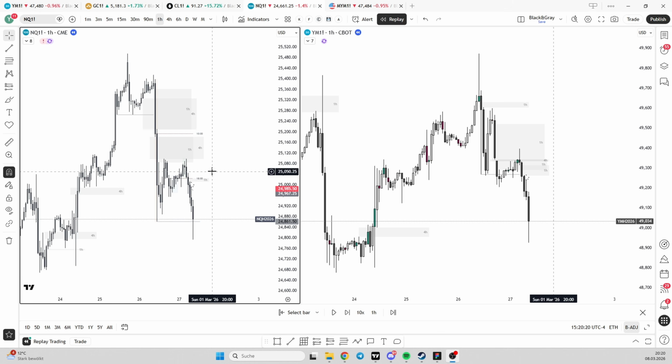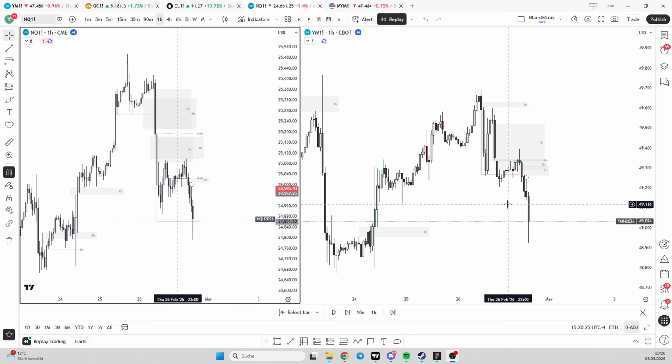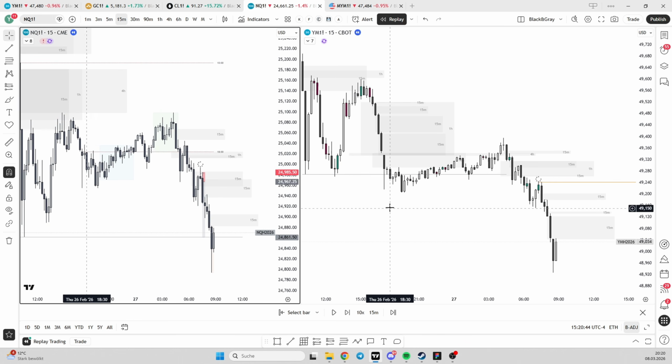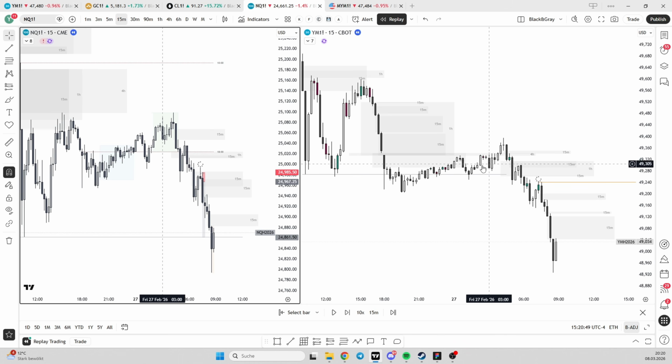That means NQ needs to get weaker, YM needs to get stronger or consolidate, so NQ can catch up to this same low. Dropping down to 15 minute, as you can see, YM is a clear failure to manipulate because this is a consolidation or a retracement, which is a continuation sign.